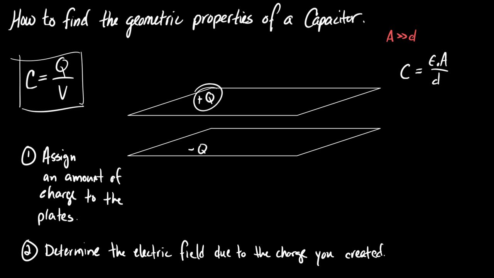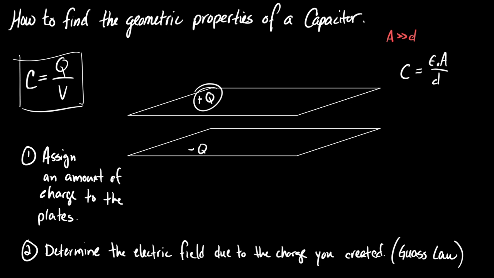We said there is positive Q on one of the plates, so we want to use that to determine what the electric field is. This almost always is going to be Gauss's law. For the ones that we're going to do, all of them are Gauss's law. I can't think of an example where you wouldn't use Gauss's law here. And that's because of what we're going to do next.